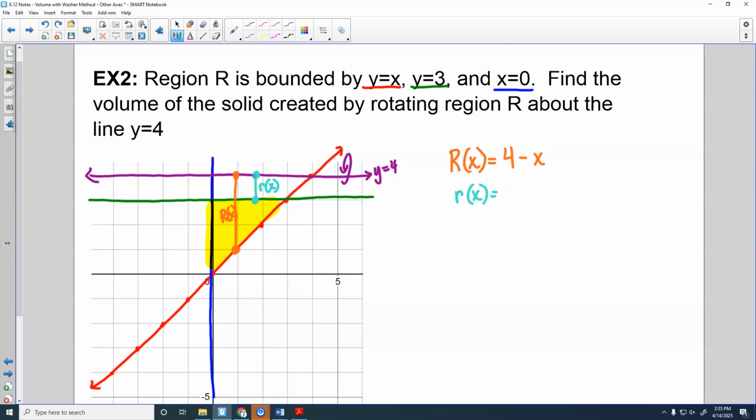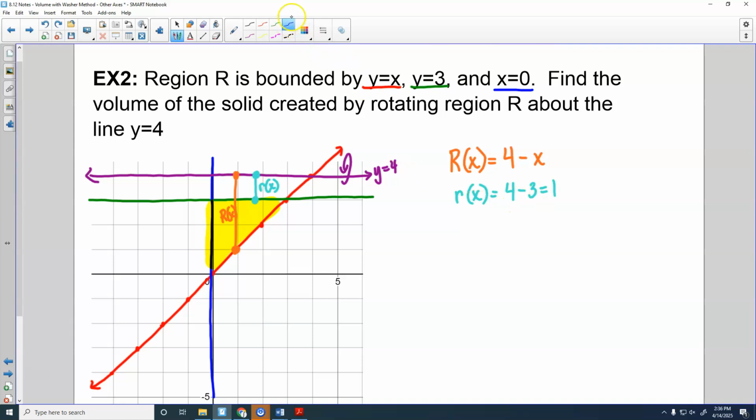What are we hitting at the top? 4. Minus what we're hitting at the bottom. What are we hitting at the bottom? 3. And so in this case, it's just 1. That radius is going to be the same. It's just a cylinder that's getting cut out of this middle part. So we get a number. That doesn't always happen. Sometimes it will have a function there as well.